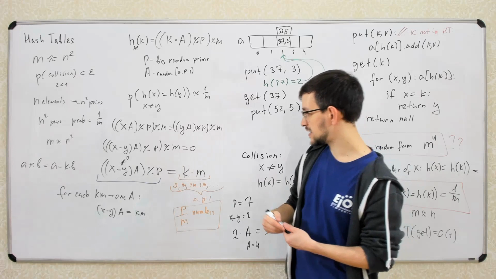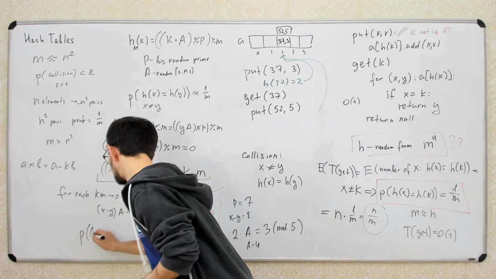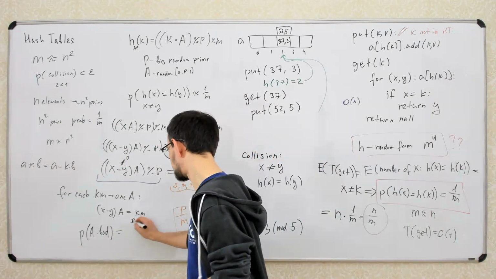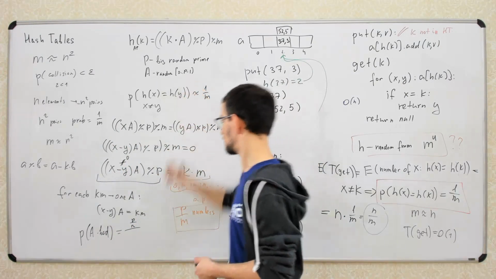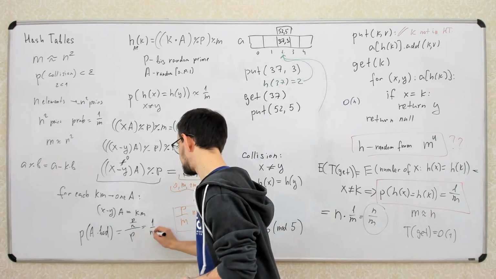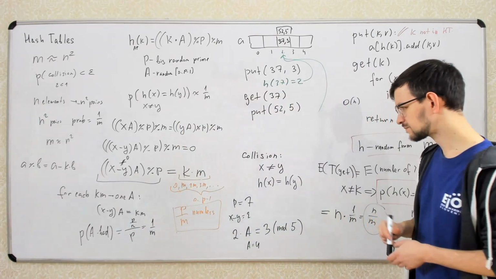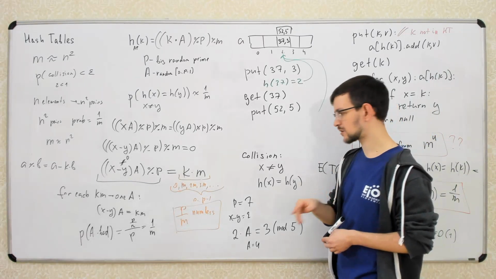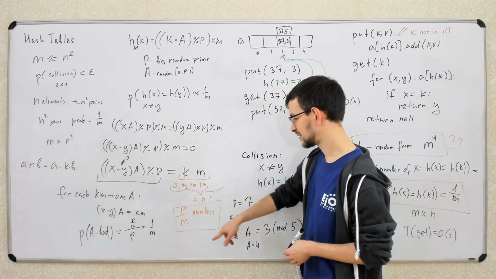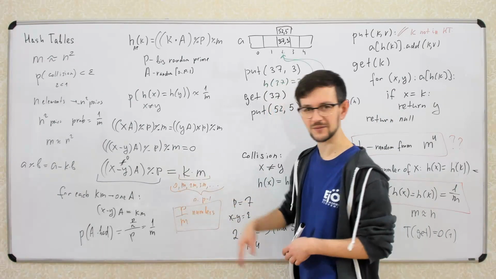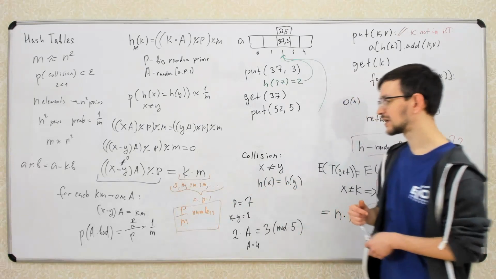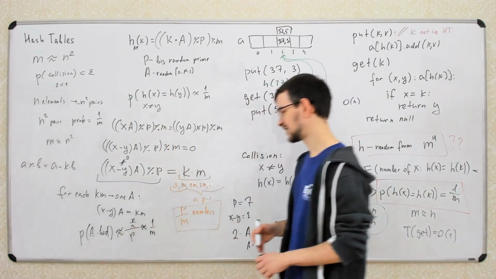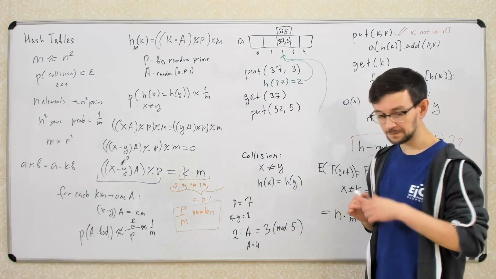The probability that A is bad is equal to P over M divided by the total number of P, so it's 1 over M. Actually, it's slightly better because of the plus 1 scaling, but it's not important.